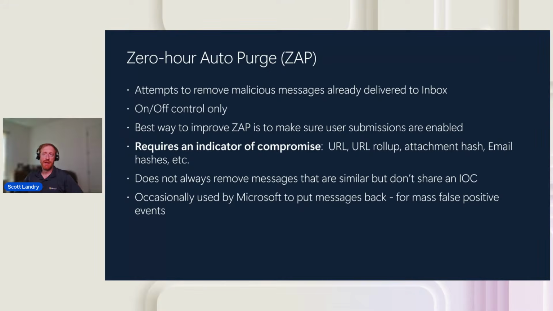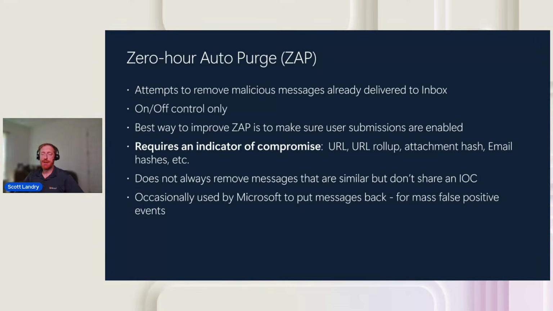The user then notifies us, and what we will do is we will redetonate that message. We will see that the payload is in that message and it's active and it's bad. And we will immediately try to ZAP and remove that message and any other messages that have a similar payload. So that user submission pipeline will directly improve your ZAP results.